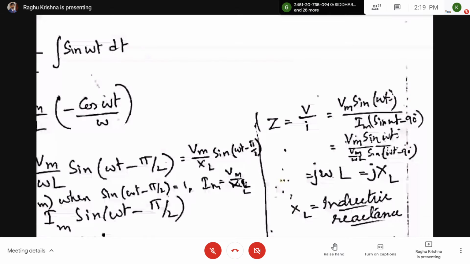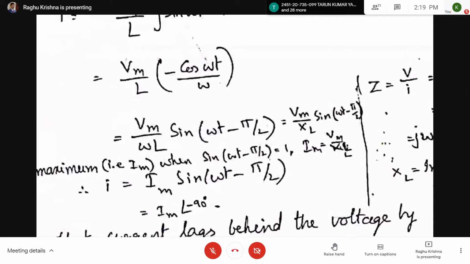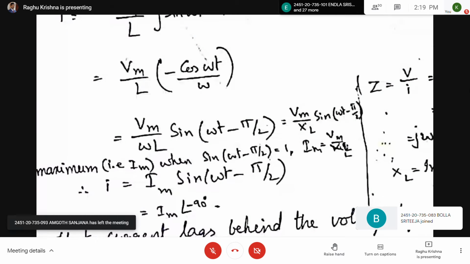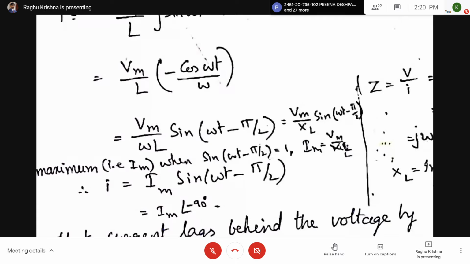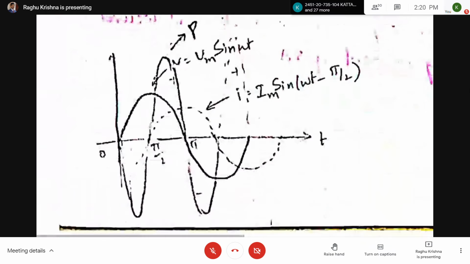Now here you got I equal to Im sin omega t minus pi by 2. That means at omega t equal to 0, what about the I? I is negative. At omega t equal to pi by 2, I is equal to 0. Now if you see the voltage wave, V equal to Vm sin omega t is represented here.